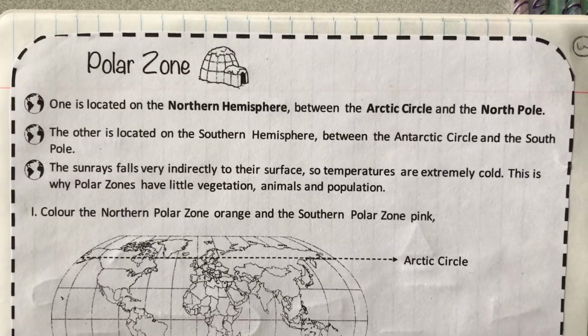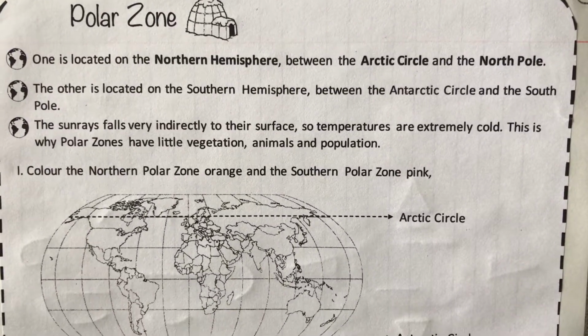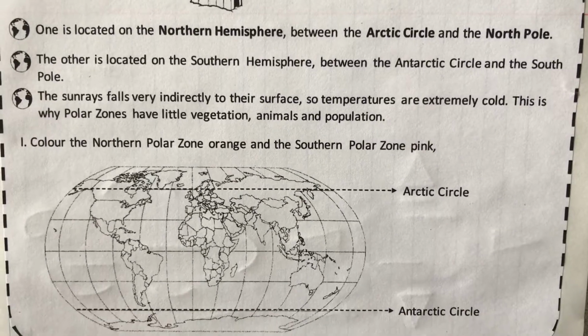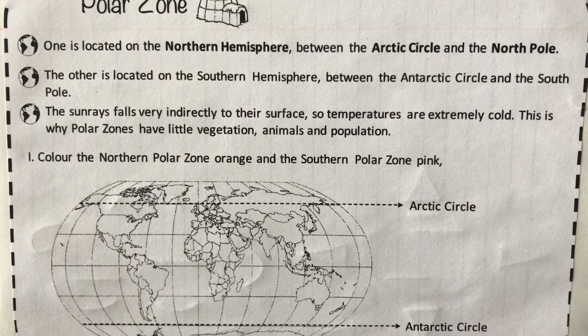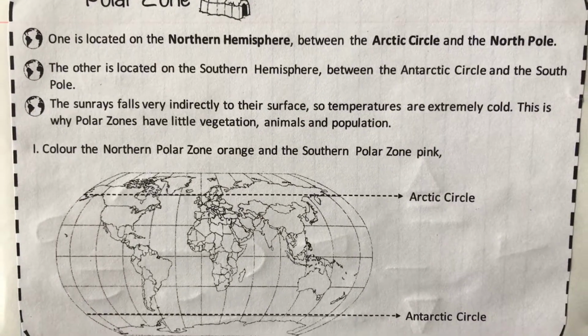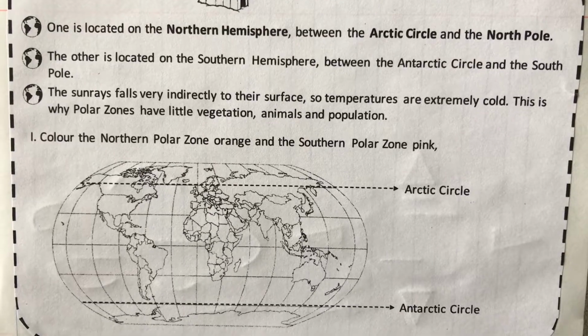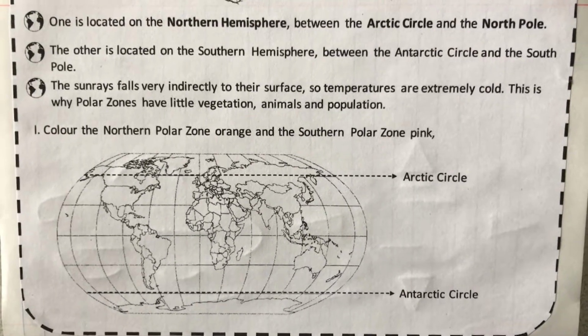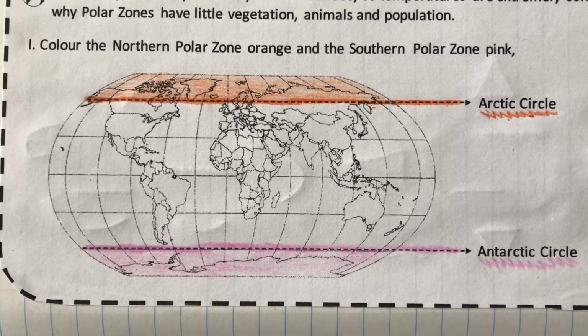And it says the sun rays fall very indirectly to the surface, so temperatures are extremely cold. That means the sun is not directly shining on those circles. This is why polar zones have little vegetation, which is another word for plants or crops, animals, and population. We're going to color the northern polar zone orange and the southern polar zone pink to look like awesome possum.